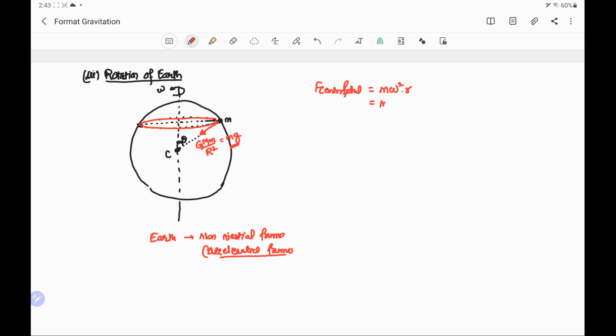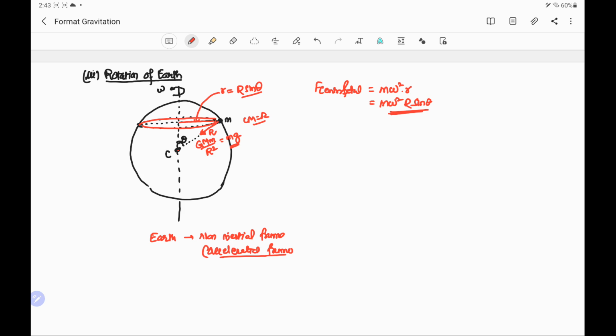This small r is the radius of the circle, and using trigonometry we can find it: with capital R the radius of Earth, small r is R sine theta. This is the centripetal force.